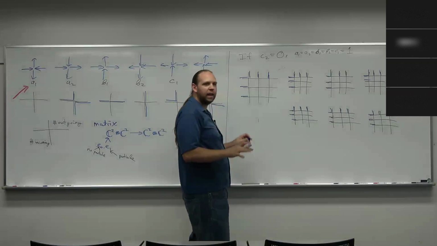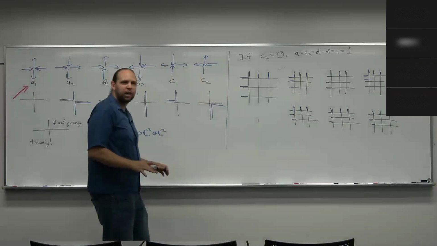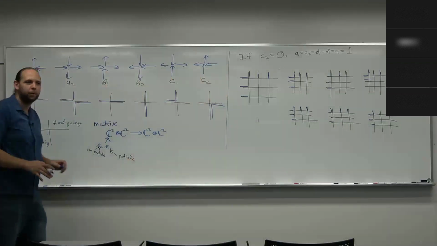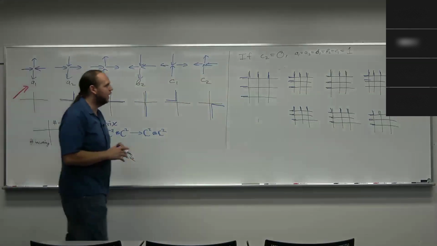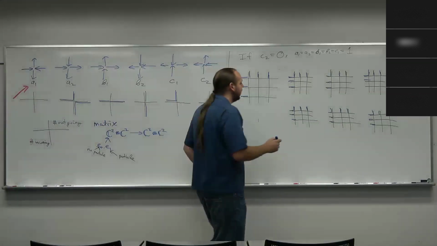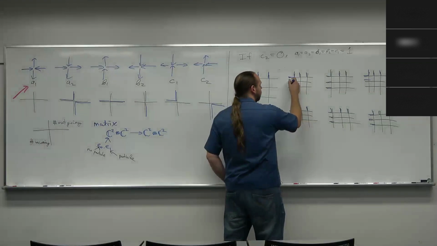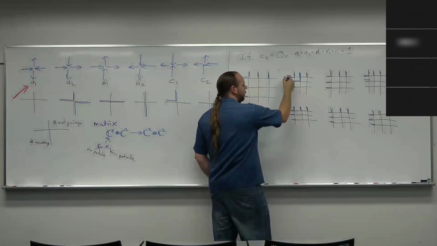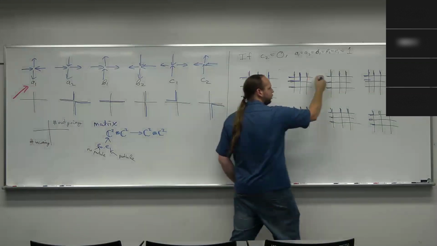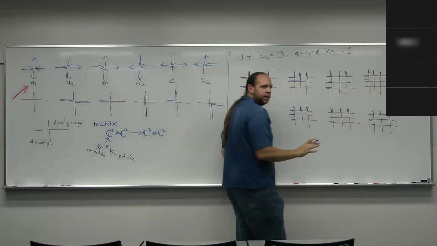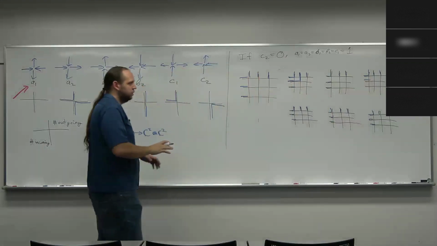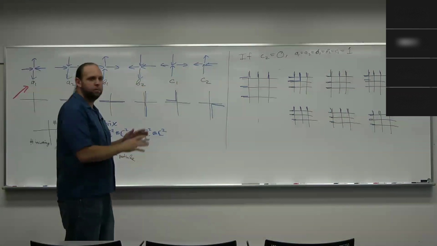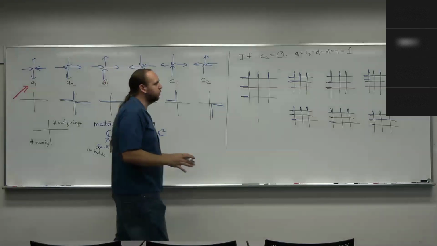Unfortunately, I don't have 5 or 7 marker colors to do this properly, so I'll try and connect the lines up as much as possible. So if I have this second particle, the first particle always just goes up. There's nothing it can do because these particles never cross each other.